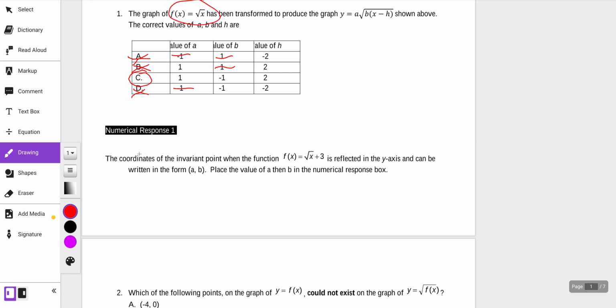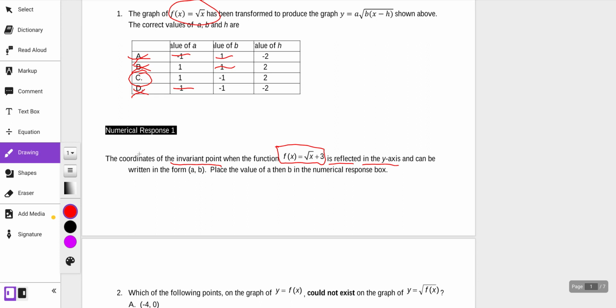Reading the question again: the coordinates of the invariant point. That means a point that does not change. It won't move when the function is reflected in the y-axis.